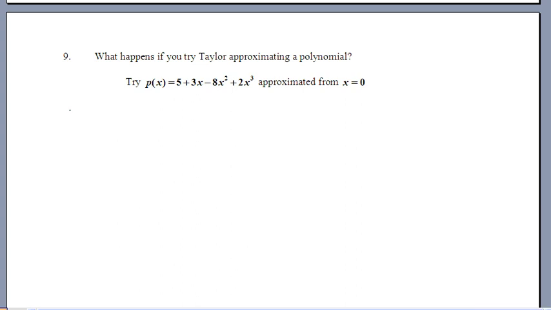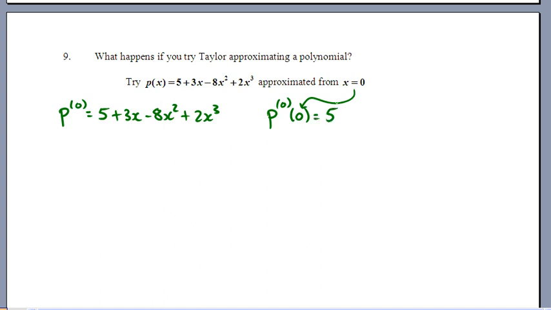So the polynomial with no derivatives is exactly what you see. 5 plus 3x minus 8x squared plus 2x cubed. And if I evaluate this 0th derivative, in other words, just the polynomial, at my nice point, 0, I end up with 5.